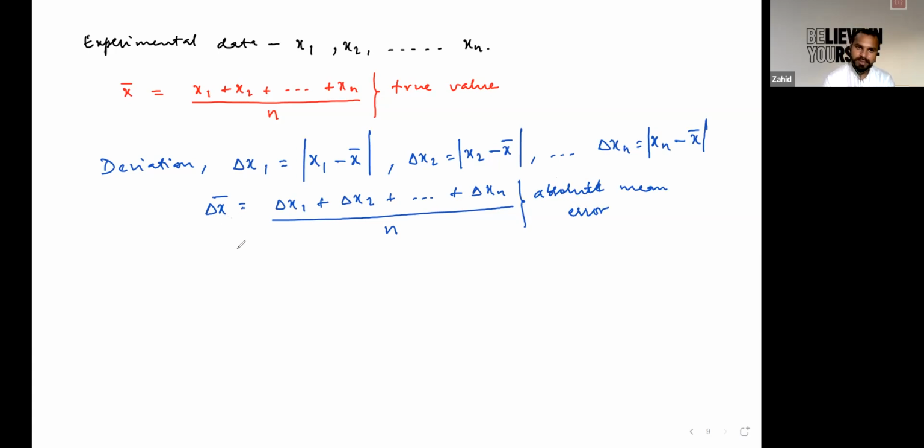Now, if you combine them together, the result of this experiment will be written as true value plus minus its error part. So this is nothing but true value, and this is nothing but absolute mean error. We may neglect this bar or write it as x plus minus delta x.